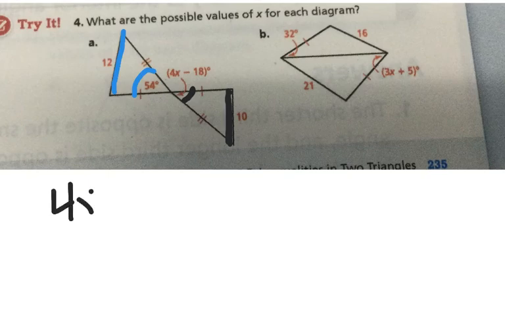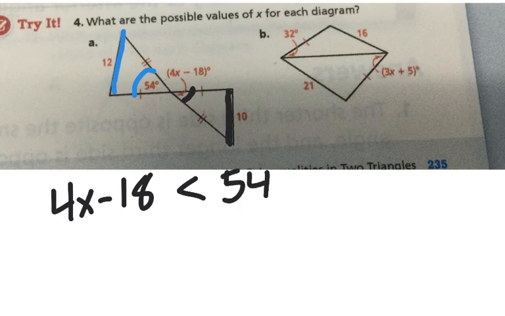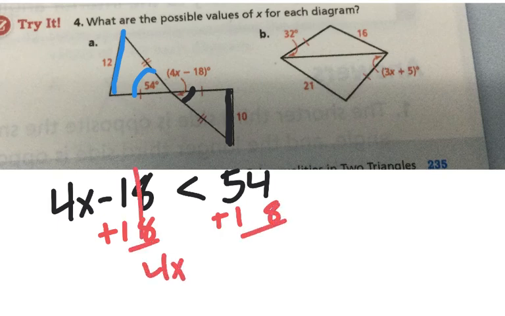So I'm going to set up an inequality that says 4x minus 18 must be less than 54. Then when I solve, I'm going to add 18 to both sides. That tells me 4x must be less than 72. I could divide by 4.